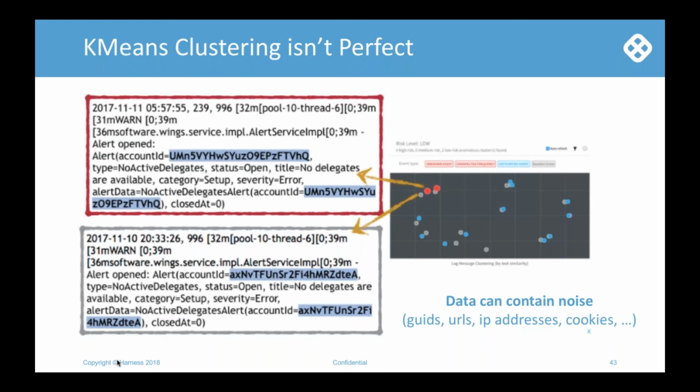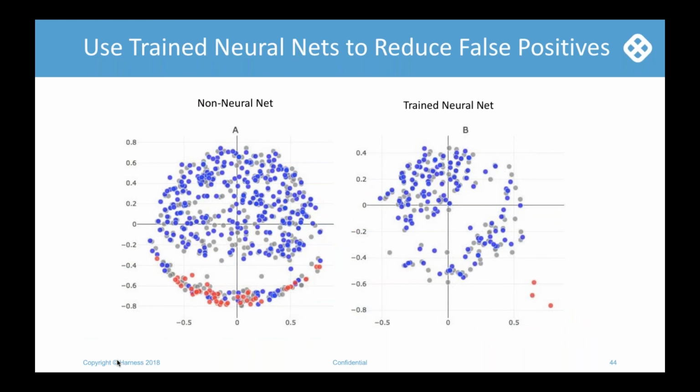And so what we can do is apply neural nets on top of the KMeans clustering. What neural nets do is they continuously look at all of the attributes, and they build a neural network of the attributes we're seeing. Then we use those to filter the results that we get from the control data. Before neural nets, we used to flag a lot of false positives, and the only way you could filter those out was if developers or humans could give it feedback, and you could say, hey, this is good, this is bad, ignore this, dismiss this, and that would train the model.